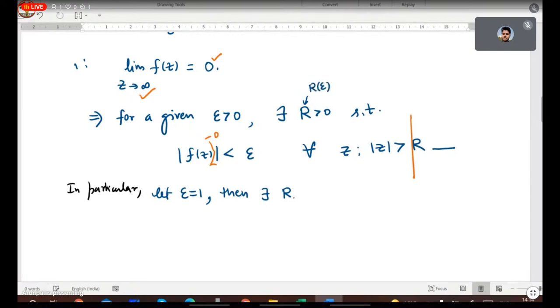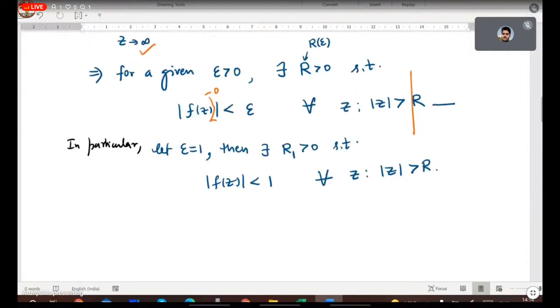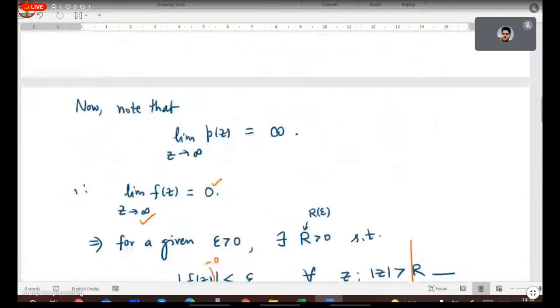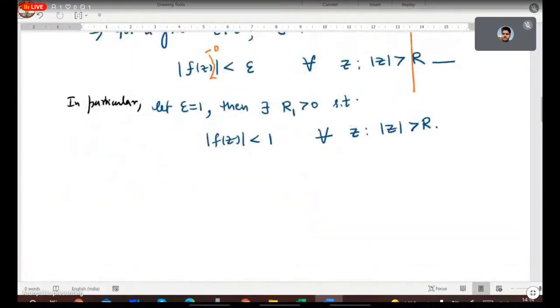So I will be having some r, let me say it r1 class, such that mod of f(z) will be less than 1 for all z such that mod z is greater than r1. Is this okay class? Yes, sir. So let me say it number 1. Good enough.